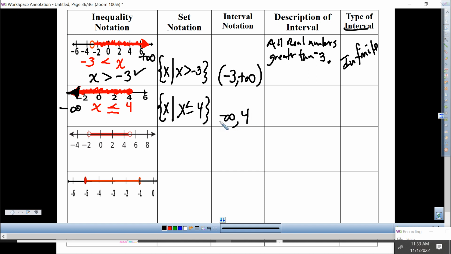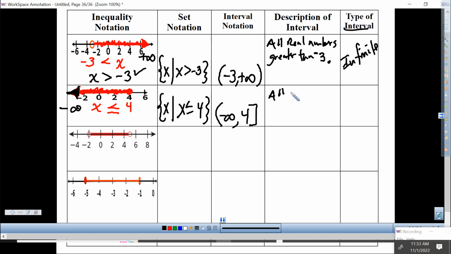So, do we ever catch up to negative infinity? No. Parentheses. Is the 4 included? Is it a solid point? Yes, so that means we're going to use a bracket to indicate that we do use 4. What does that mean?